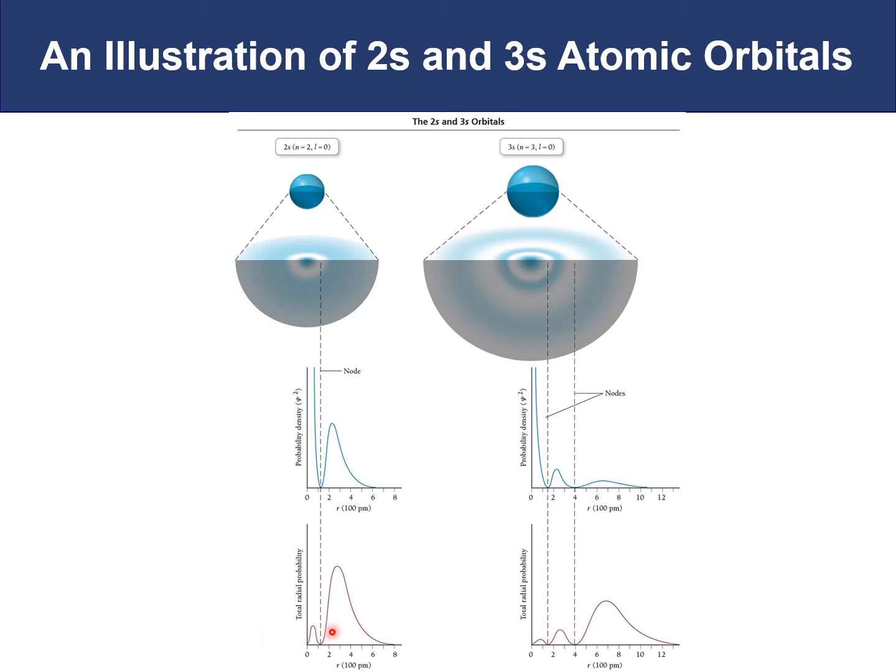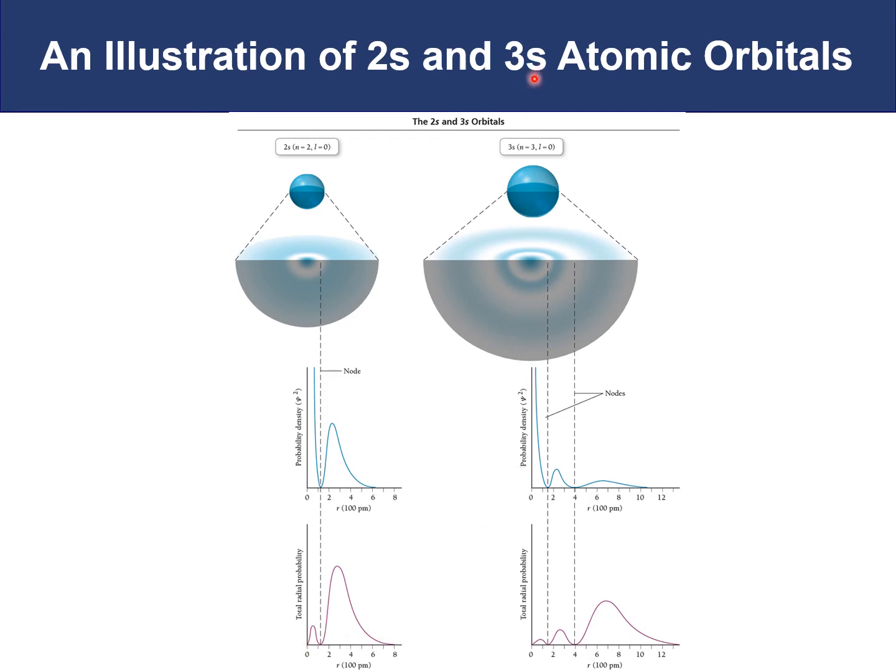Taking into account how the volume of space increases as you get away from the nucleus, what we find is that there is a non-zero probability of finding the electron at the nucleus, followed by a location in space or a particular distance from the nucleus where you will not find the electron, followed by this region where there is a high probability. The presence of a non-zero probability here will become important later in the semester.